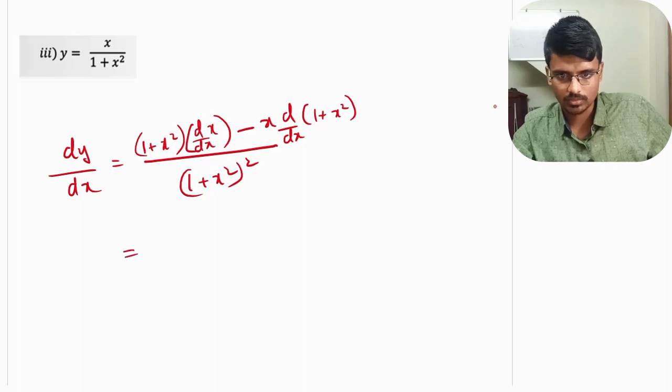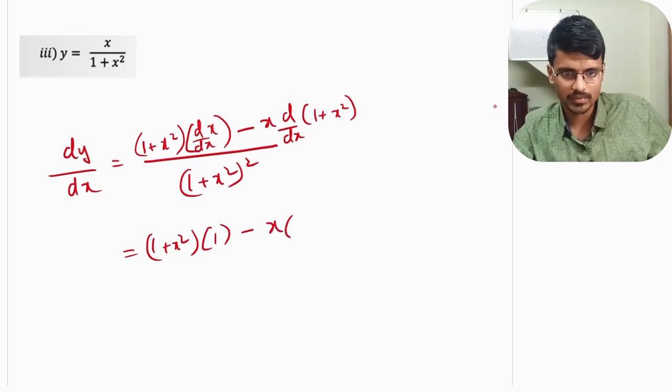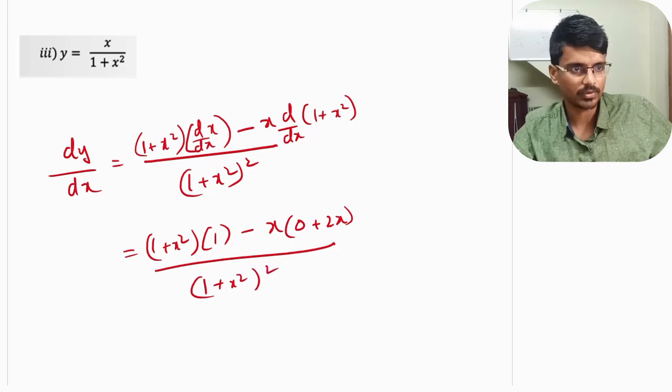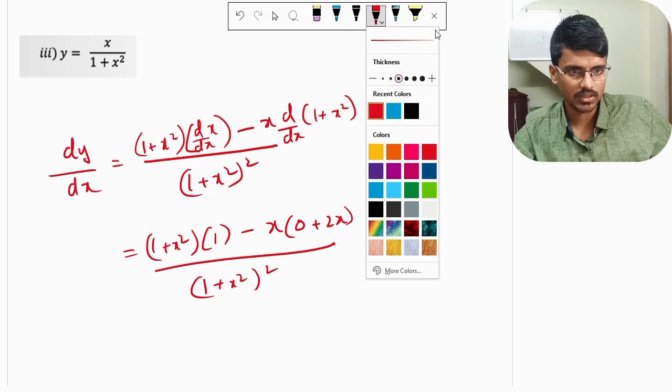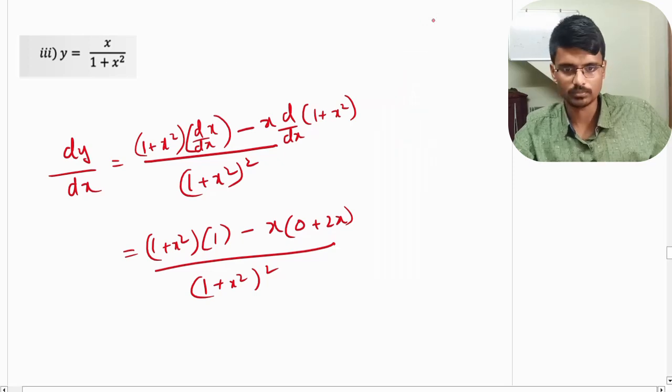So now we just need to simplify. Differentiation of x is 1, minus x times the differentiation of 1 plus x square. Differentiation of 1 is 0, differentiation of x square is 2x, divided by 1 plus x square whole square. So this is the answer. Okay, I hope it was clear. Okay, moving on.